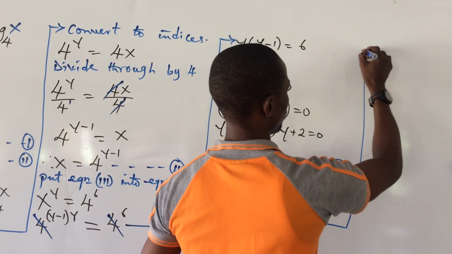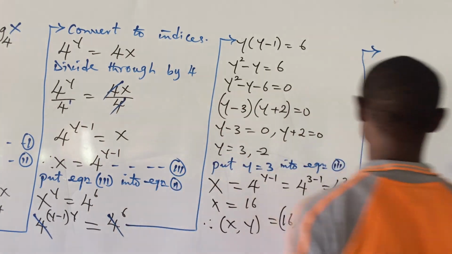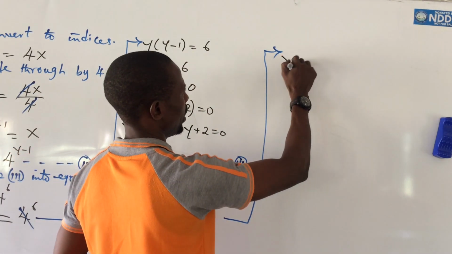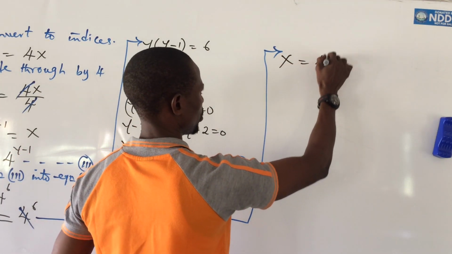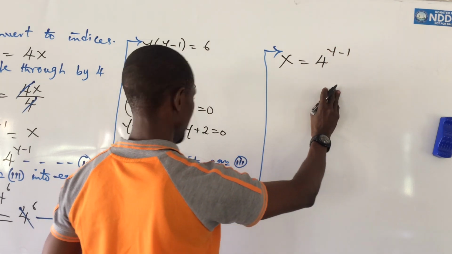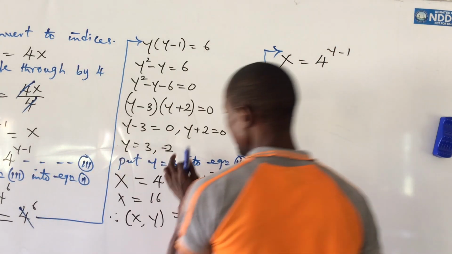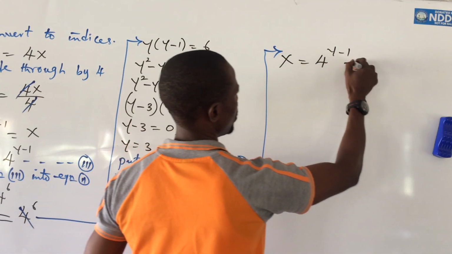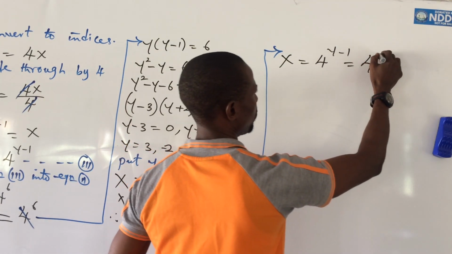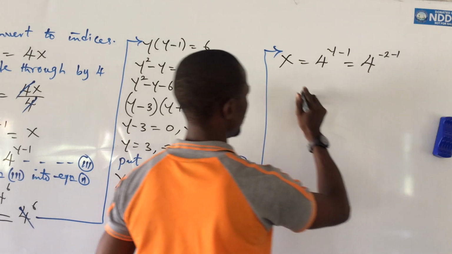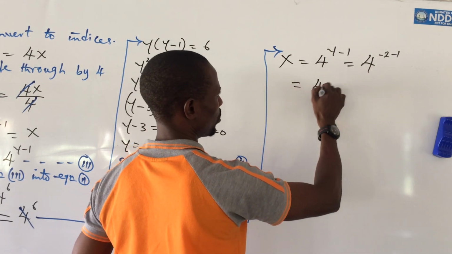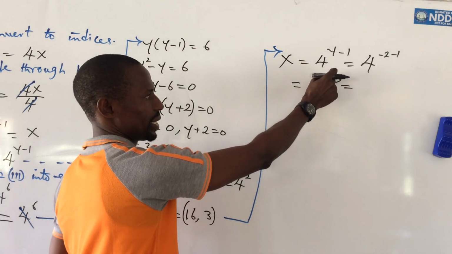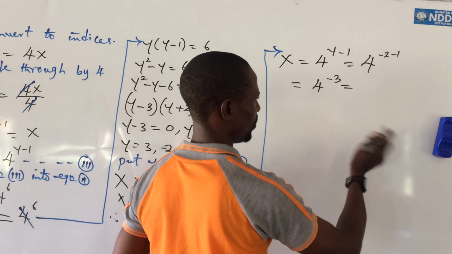So let's move ahead again from here. Case 2. We have x equals 4 to the power of y minus 1 again, when y is equal to minus 2. So this will now be 4 to the power of minus 2 minus 1. So we have 4 to the power of minus 3. Again, we eliminate this minus sign from the law of indices.